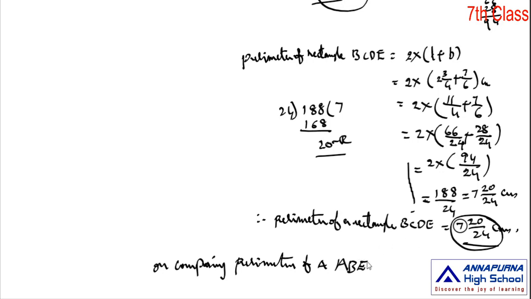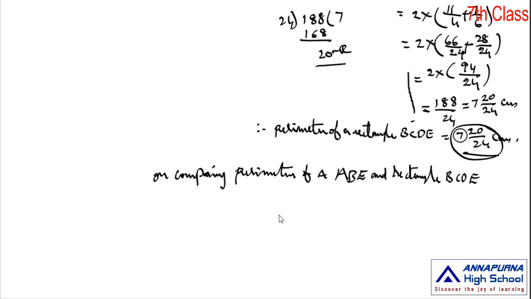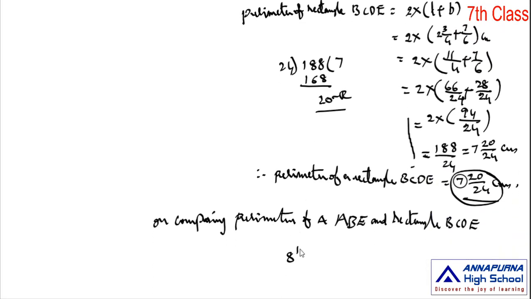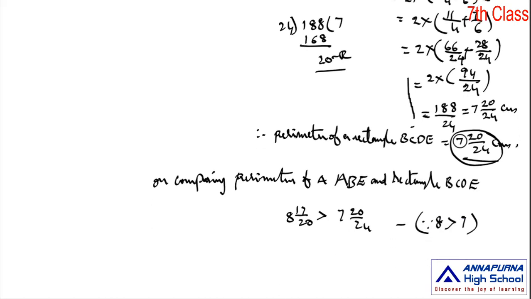E, and rectangle BCDE, 8 17 by 20 is greater than 7 20 by 24. Why? Because 8 is greater than 7.